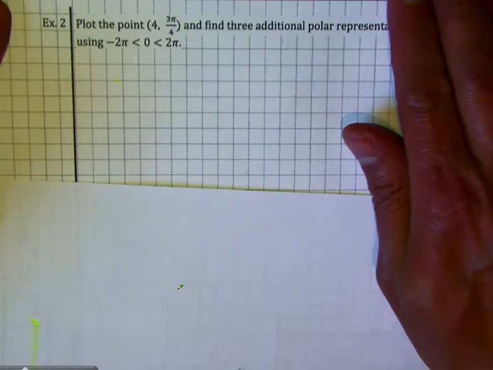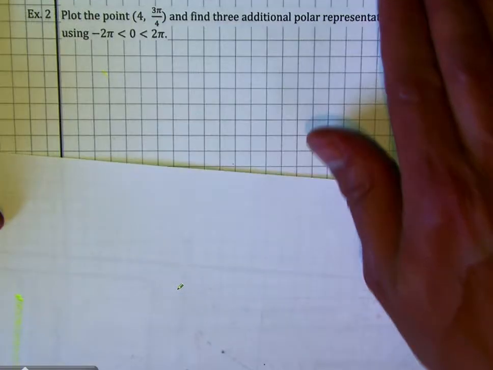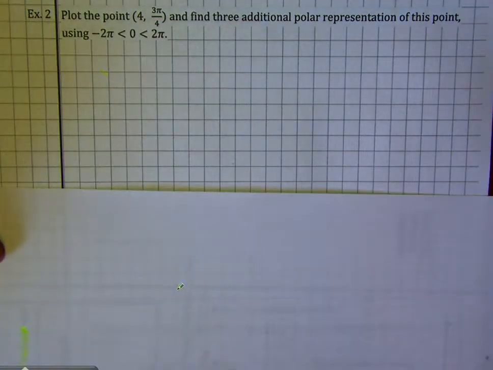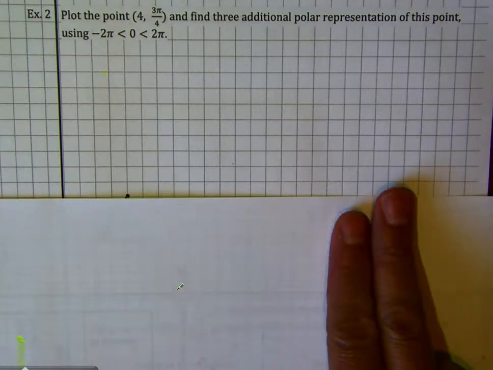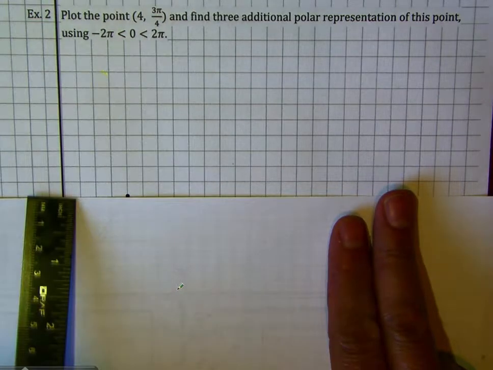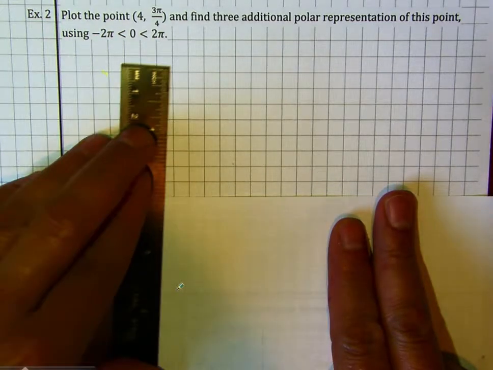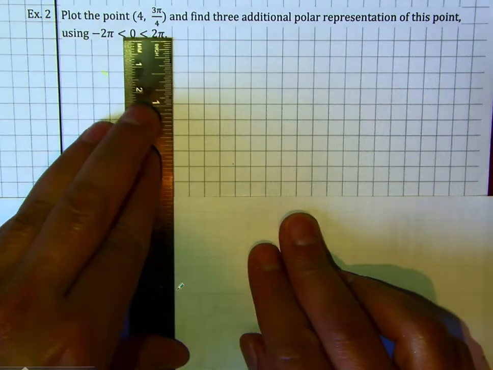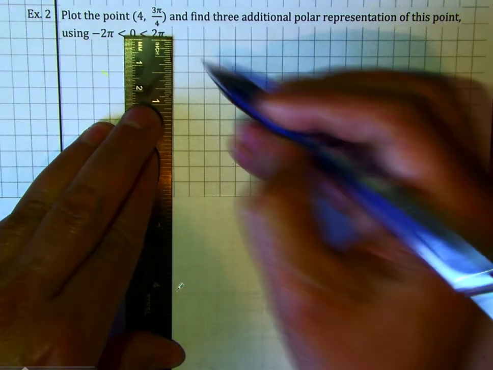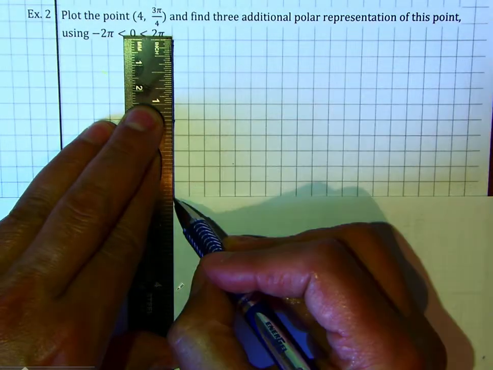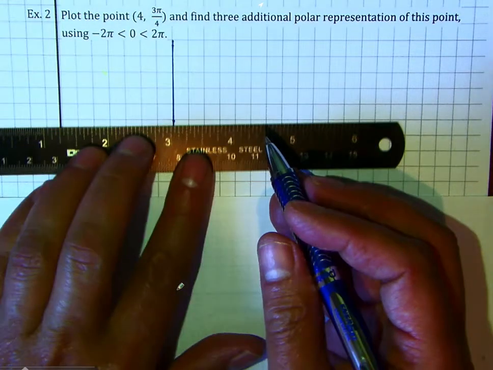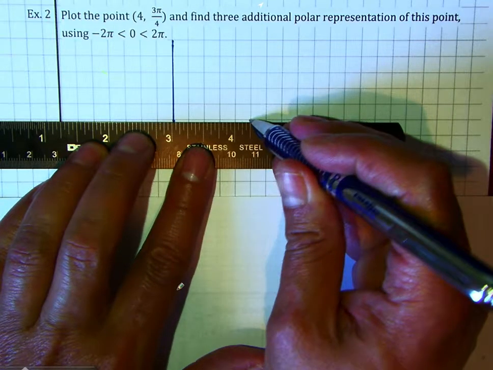Example number 2. Go and copy it down, and then we can start once you're ready. Go and pause it if you need more time. So in this case, I need to plot the following point. So let me make an x and y axis. It's not really an x and y axis, correct?